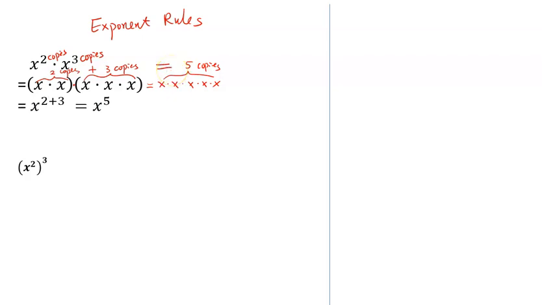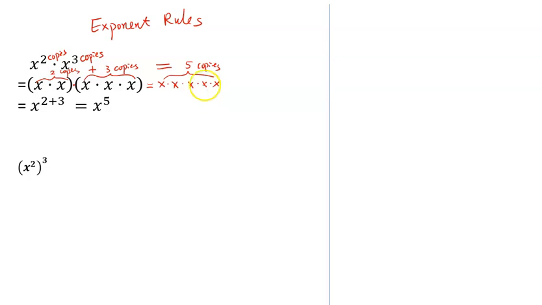So whenever we multiply 5 copies of the same variable, we can write this as x to the 5th. And this exponent 5 comes from adding 2 copies and 3 copies.